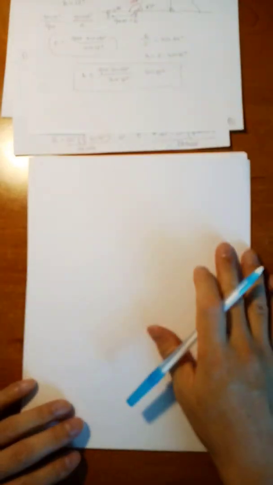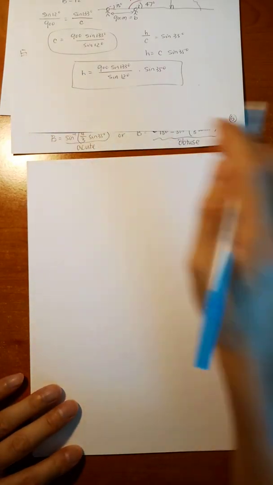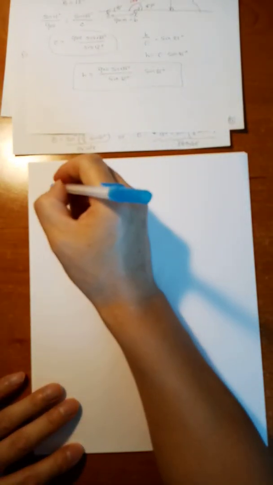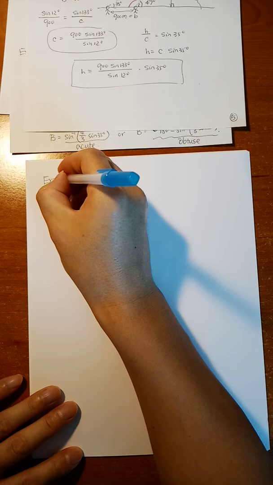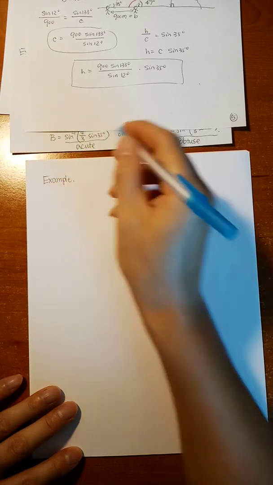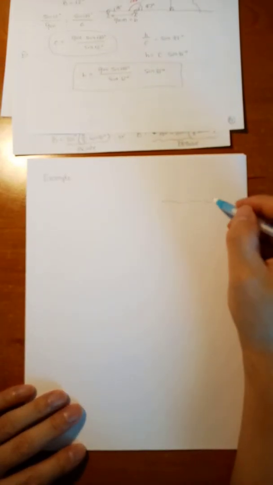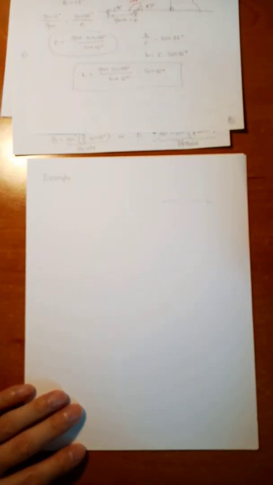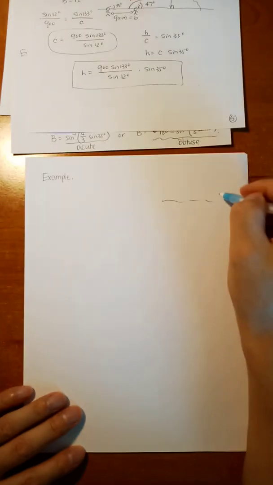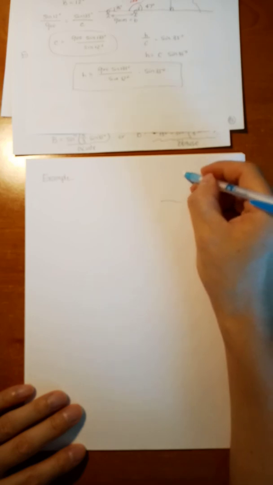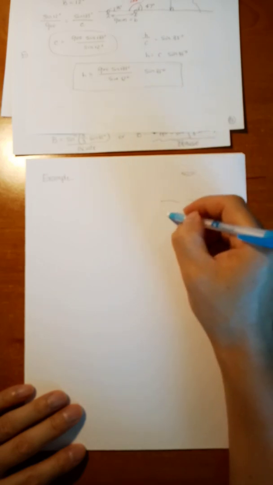Okay, let's try to understand this word problem. There's a sea bank, and there's a ship. There are two stations.